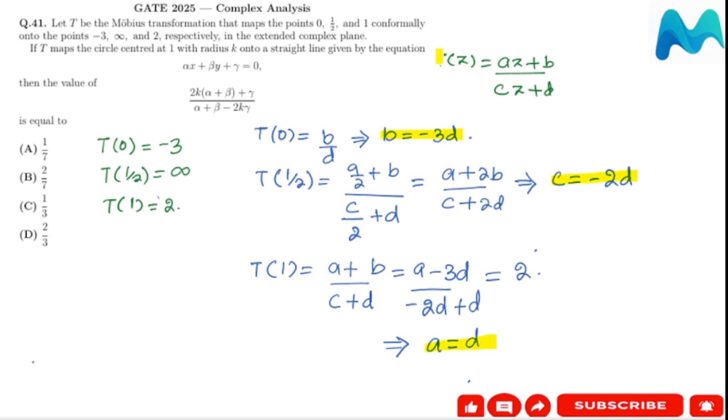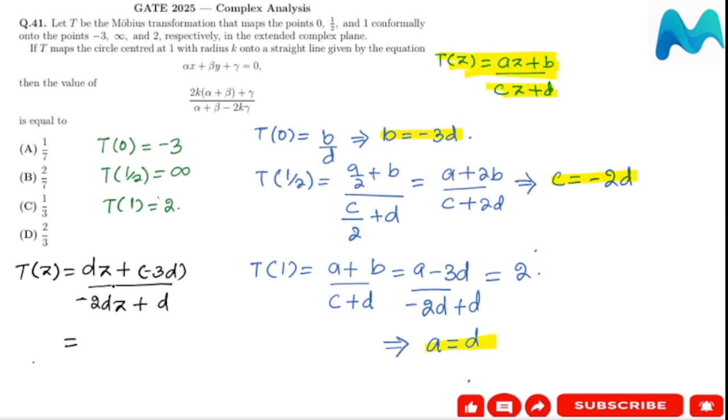Now we put these values in this Möbius transformation and we get T(z) equal to (dz - 3d)/(-2dz + d).